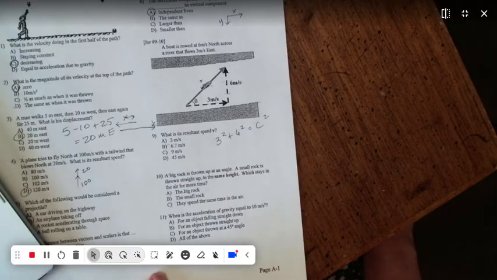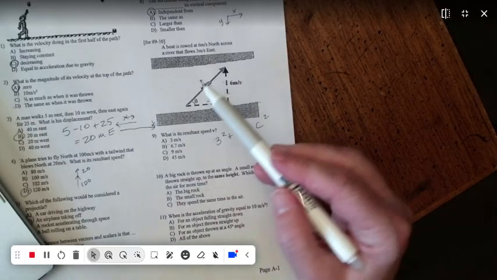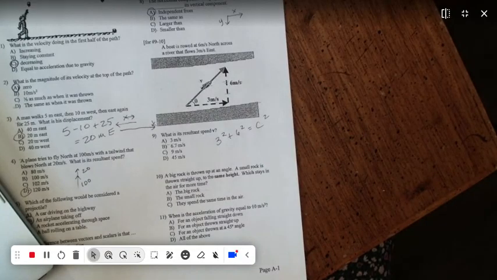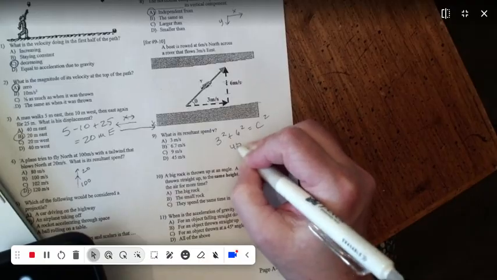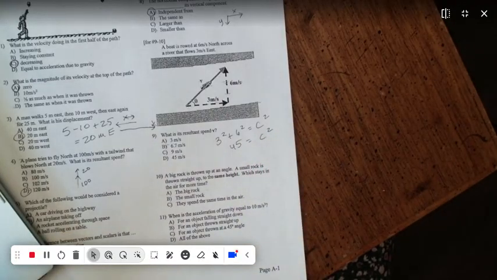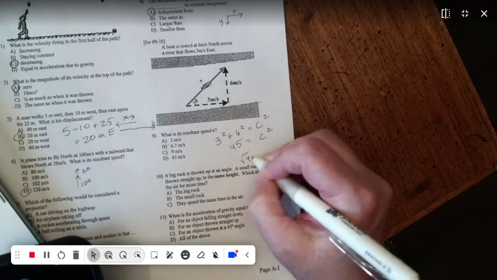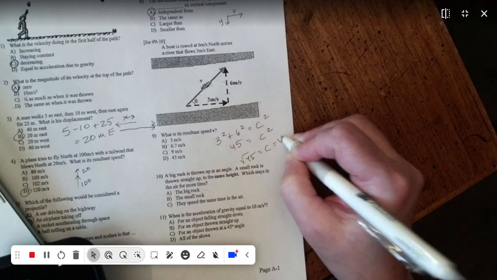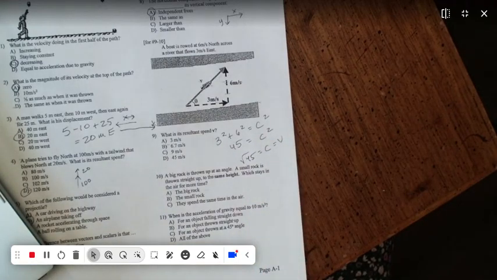So we're getting the combination of those, which is our hypotenuse. 3 squared is 9 plus 6 squared is 36. So 45 equals c squared. And I need to take the square root of 45 to give me c, which is also my velocity there.